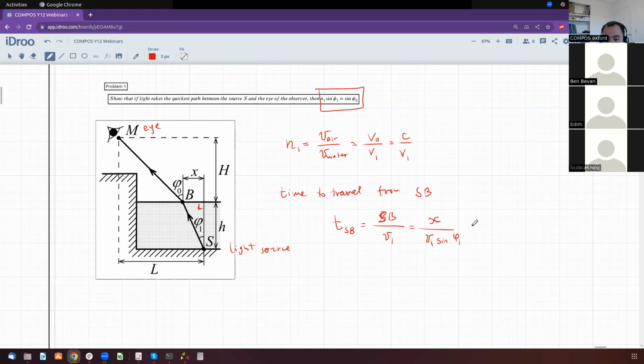Okay. Now time to travel BM is equal to, oh no, sorry. I don't want to do that. Let's do it slightly differently. Time to travel SB is the distance SB, and the distance SB is the square root of x squared plus h squared. It's BS, okay? SB divided by V1.